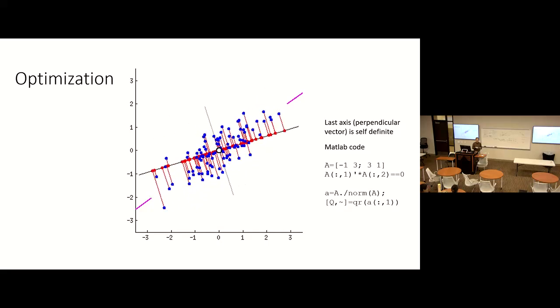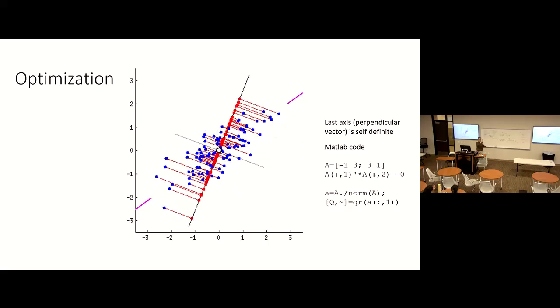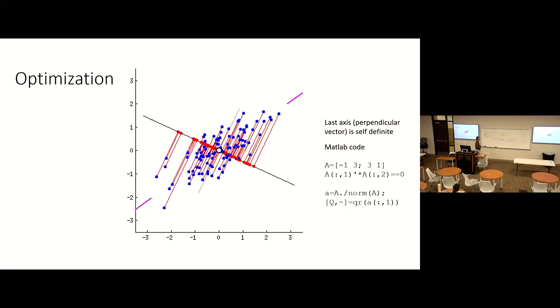If you have 3D, then you need to find x and y, and the last dimension, the z, will be automatically defined, because once x and y are defined, then the z will be orthogonal to both of them. You only have one solution. So numeric functions allow you to do this, the QR function, for example, to do the decomposition, to find the last dimension for you.